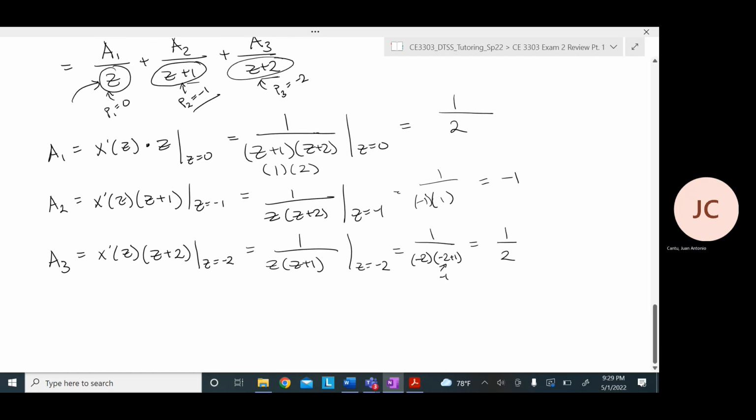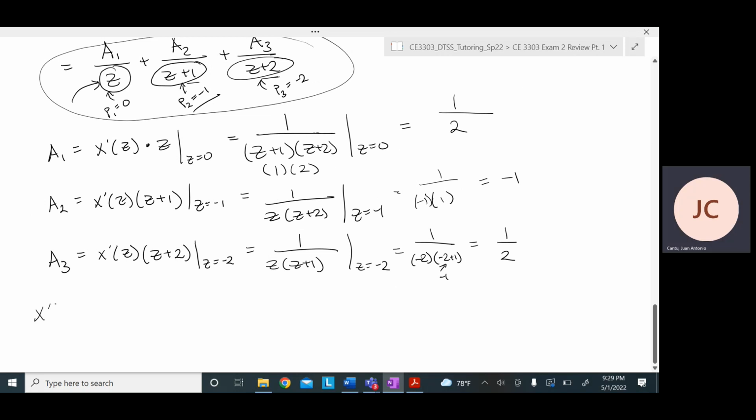So looking up here, we have x prime of z. Remember, this is not x of z, this is x prime of z. It is equal to 1/2 over z minus 1 over z plus 1 plus 1/2 over z plus 2.